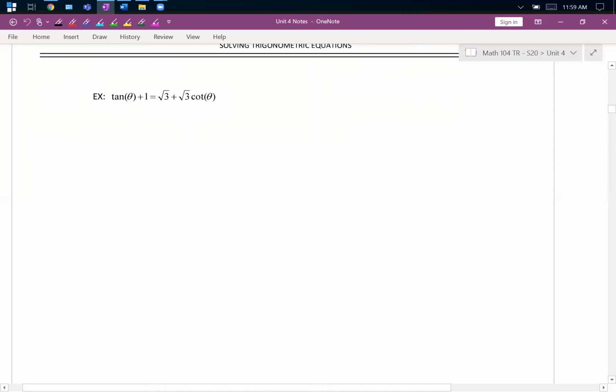That's it. We're just going to switch cotangent into 1 over tangent so that everything is in terms of tangent. Jordan, you're not wrong. It's just going to be a little bit longer route. So this becomes square root of 3 over tangent.